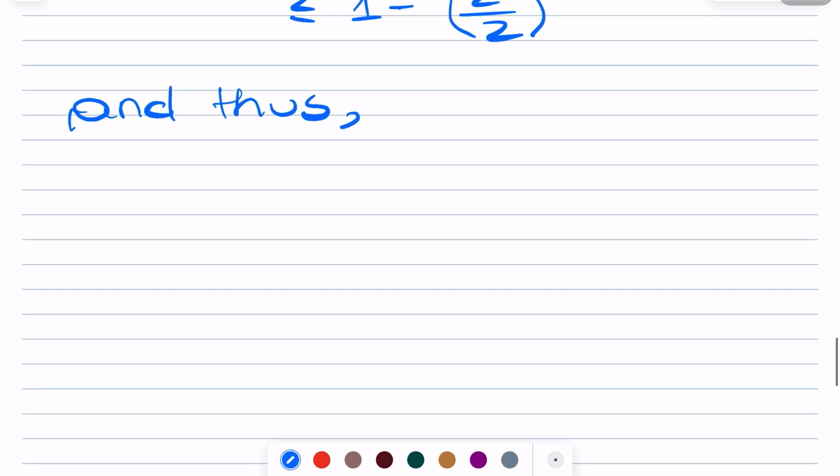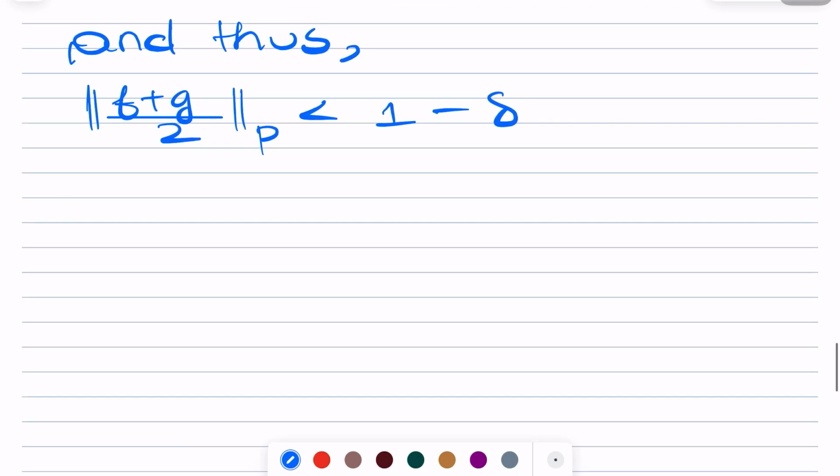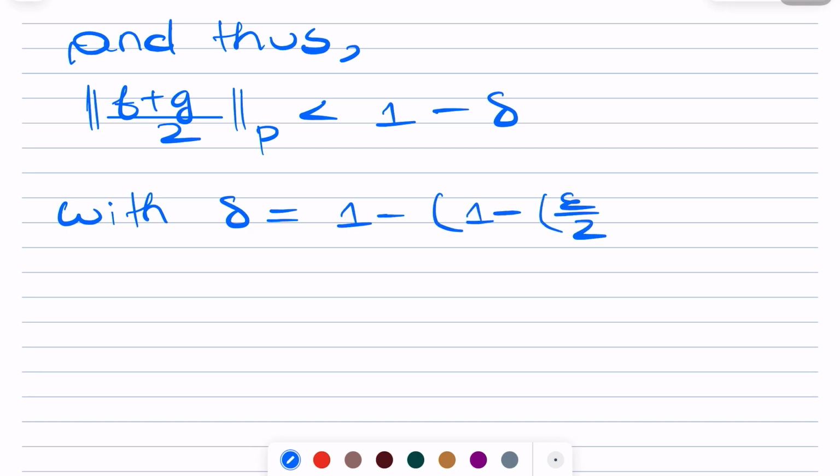And thus the norm of (f plus g) over 2 is strictly less than 1 minus delta, with delta equal to 1 minus (1 minus (epsilon over 2)^p) to the power 1 over p, which is obviously strictly greater than 0.